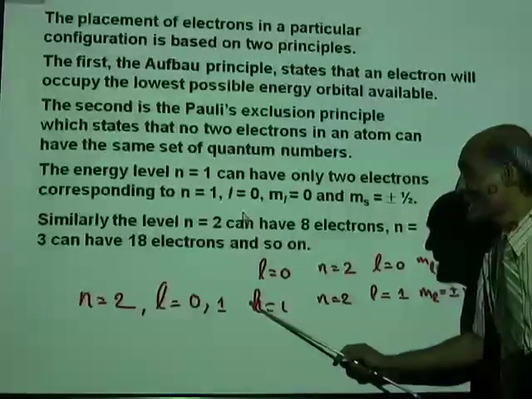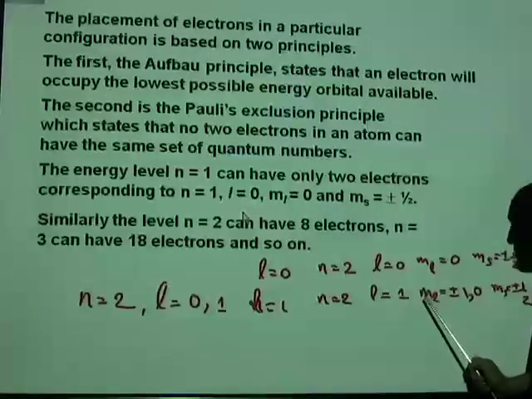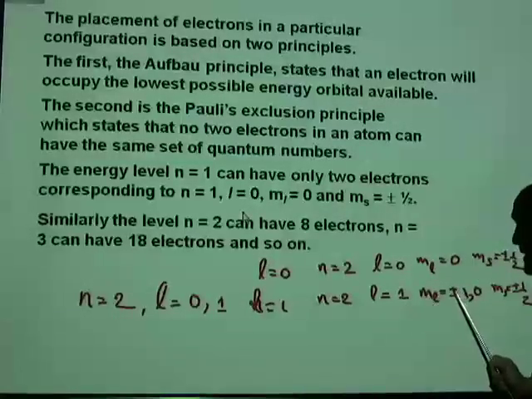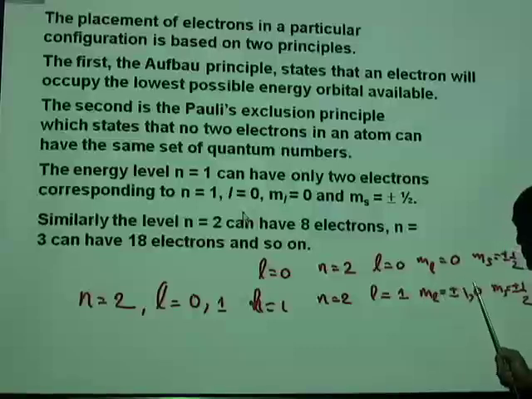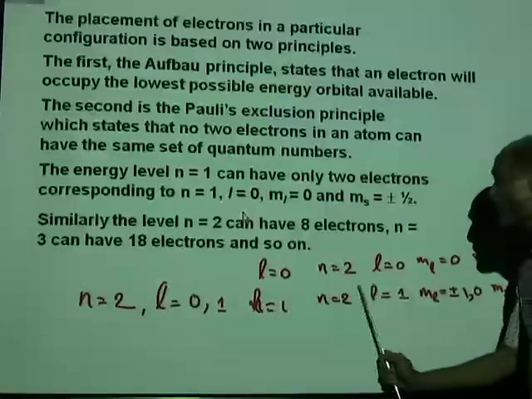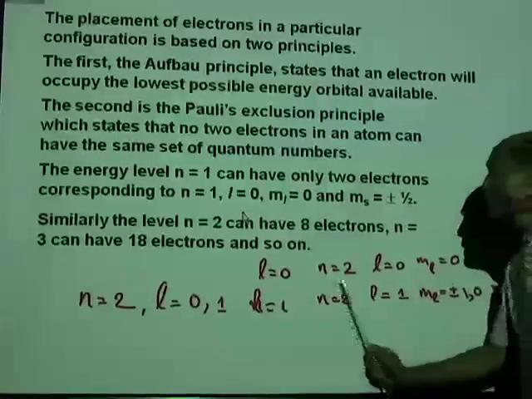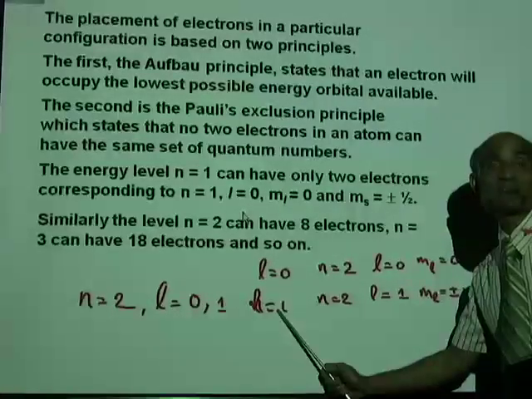If you now come to L equal to 1, ML can have plus or minus 1 or 0. And you can see this will give you three combinations. And each of these three combinations can have MS either plus or minus. That means there are 6 electrons corresponding to L equal to 1 in the p subshell.